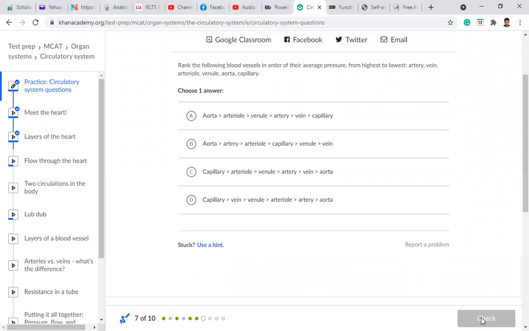The highest to lowest is B. B, good, because we said that arteries carry blood at high pressure, right? And the largest artery that leaves the left ventricle is the aorta. So the pressure is highest in the aorta, and then the artery, the arteriole, and then the capillary, and then the veins, which carry blood at low pressure.